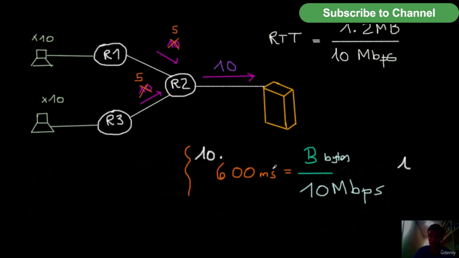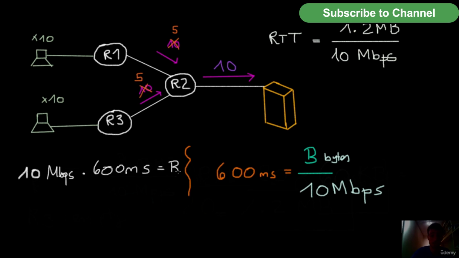So at the end, this is going to be 10 megabits per second multiplied by 600 milliseconds, and this is going to be equal to the value B. What we can do is transform this 600 milliseconds to seconds. We need to divide by 1000, which gives us the value in seconds. So if we divide, we essentially have 0.6 seconds.